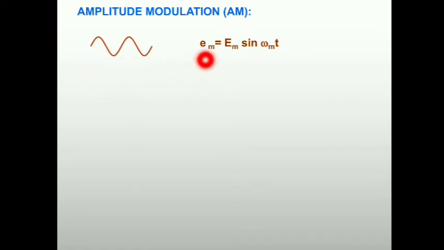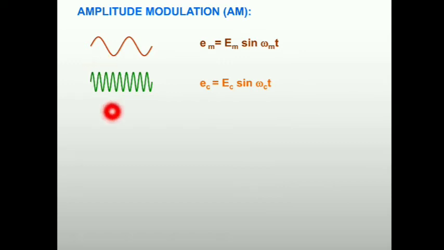Therefore I represent it as e_m equals E_m sin omega_m t. E_m is the amplitude of this wave. Next, this is the carrier wave, represented by e_c equals E_c sin omega_c t. C is for carrier wave, so capital E_c is nothing but the amplitude of the carrier wave.